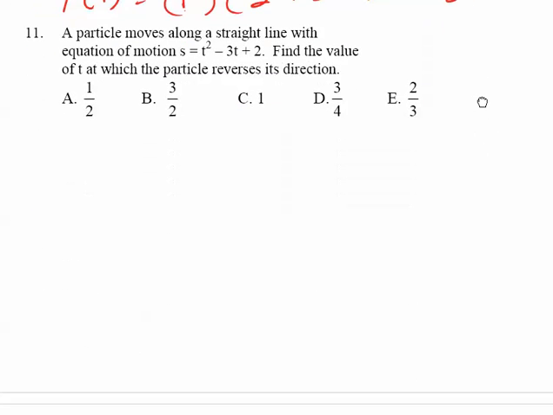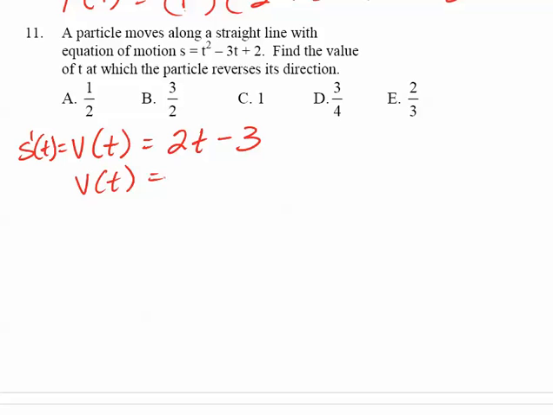And in 11, find the value when it reverses direction. Well, remember, it can only reverse direction where velocity is 0. So we want to find s prime of t, which is our velocity function, 2t minus 3. So v of t is equal to 0 only at t equals 3/2.